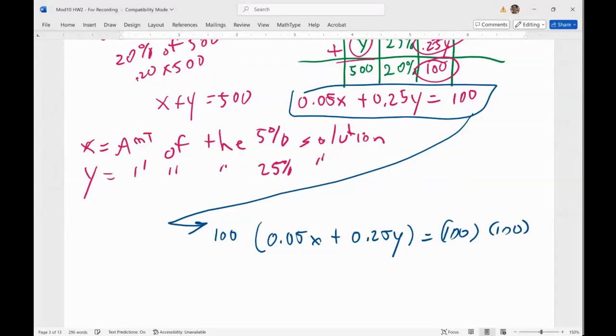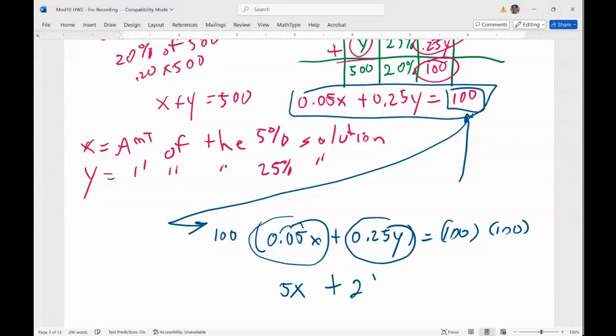So multiplying both sides by 100. The 100, by the way, has nothing to do with the fact that there's 100 there. That's just coincidence. When you multiply a number by 100, it moves the decimal point 2 places. So that turns this into 5x, and that turns this into 25y. And that's the reason for doing it.